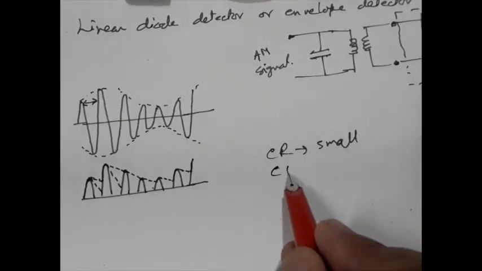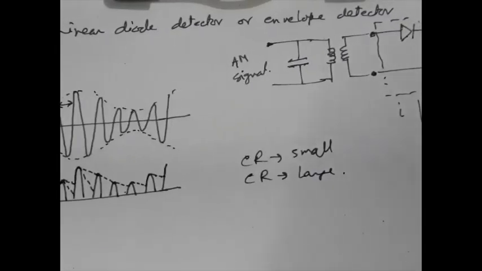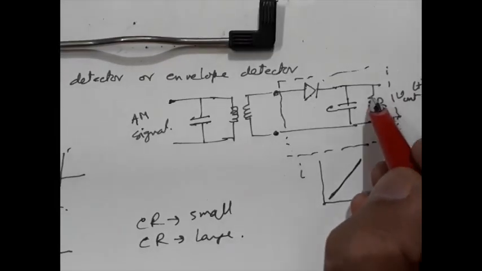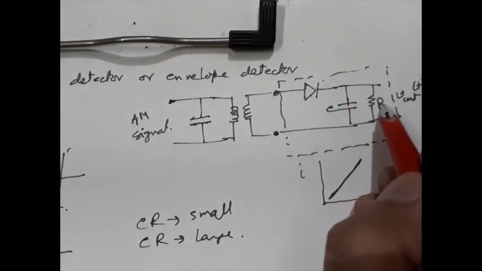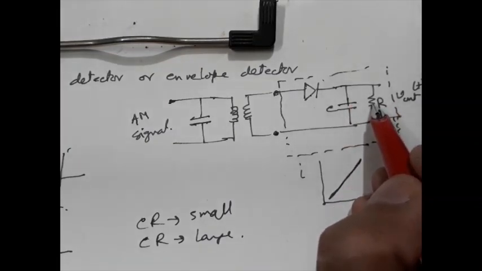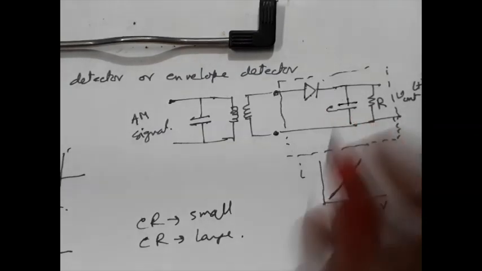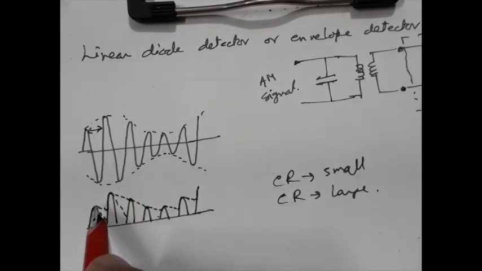Now if we make CR large, what will happen? If CR is made large, then since the capacitor voltage is discharging through this path with resistance R, the capacitor voltage will be able to hold its charge for a longer period of time, right? So under this condition, the capacitor voltage will be almost horizontal like this.